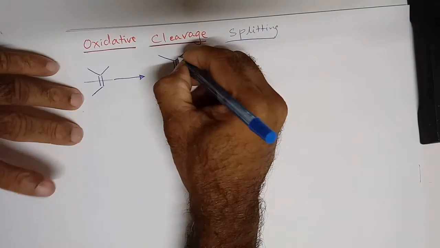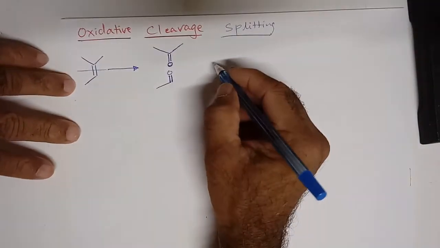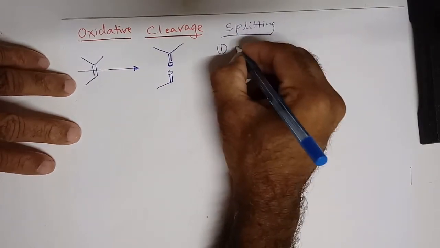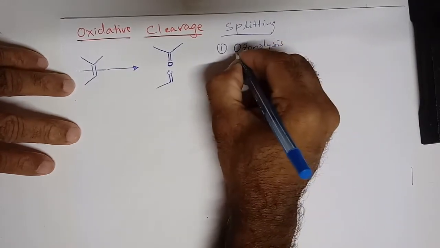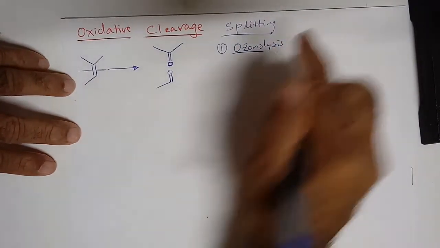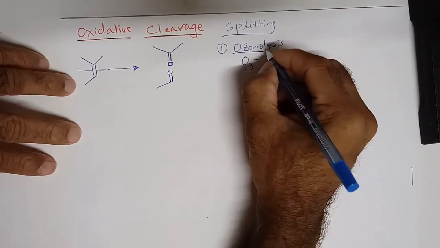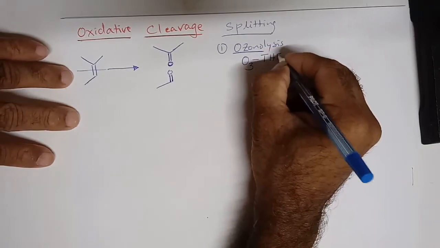Oxidative cleavage can happen under two different scenarios. One is ozonolysis. That means we are using what type of molecule? O3, ozone, is used. For technical reasons, I'm just going to write THF as in the past.